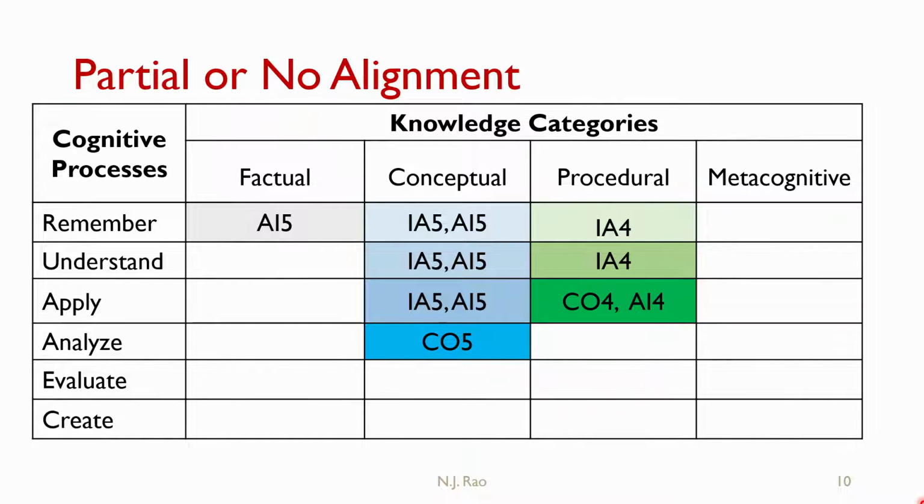That means 50 or more percentage of questions should belong to that particular cell represented by CO5, and we have been recommending that it should be at least a minimum of 60%. If one wants to have more percentage of questions in that corresponding cell, they are quite welcome.